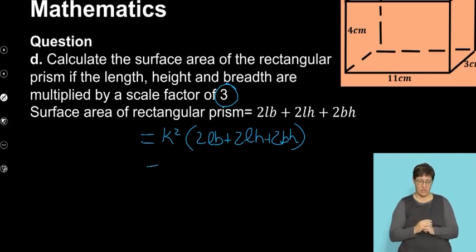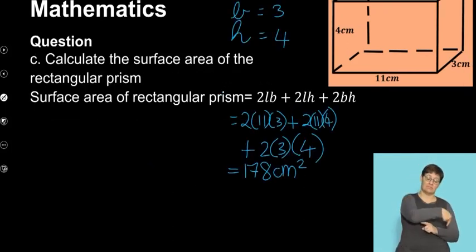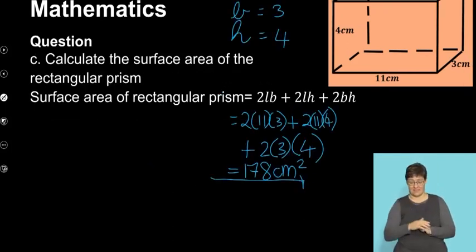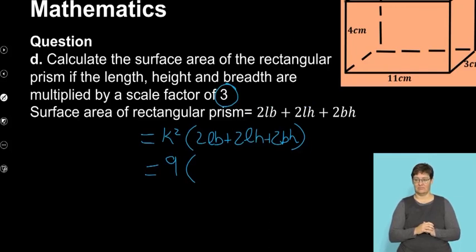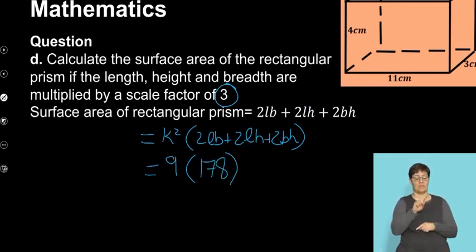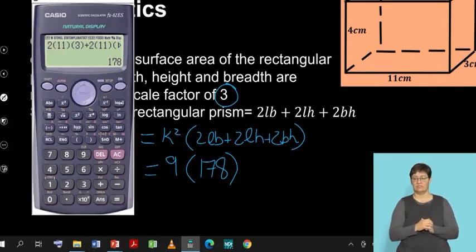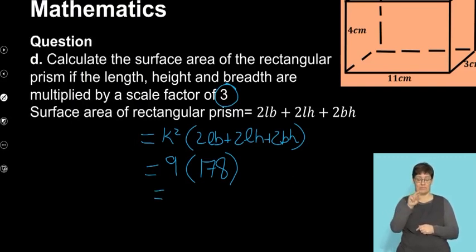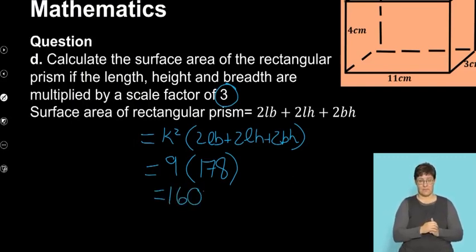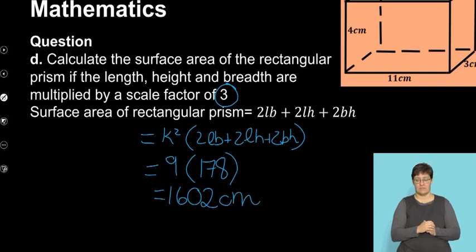So my scale factor squared will be 9 because it's 3 squared, and I'm going to multiply it by my original surface area, which is 178. So I'm going to have 9 times 178 in order to find my new surface area, which is 1,602 centimeters squared.